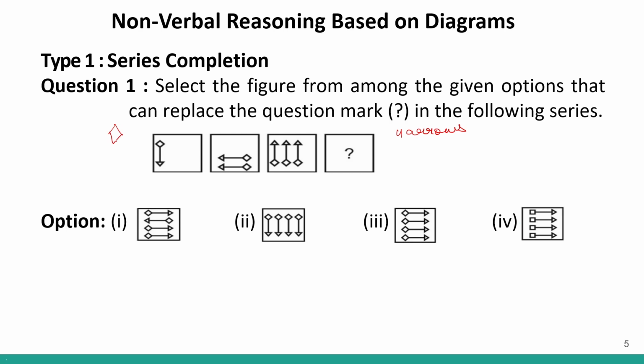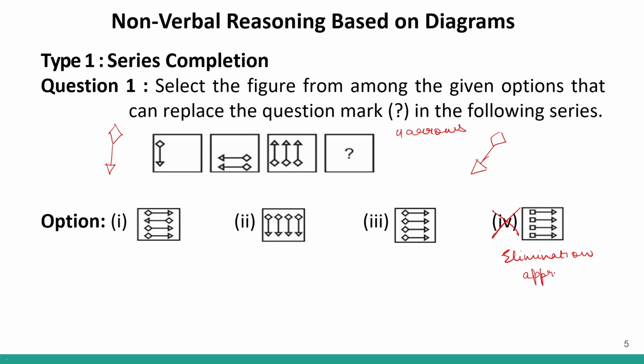We have a diamond and over here we have a triangle. So our arrows will be looking like this, a diamond and a triangle. So a diamond and a triangle is given in option number 2, option number 1, option number 3. So option number 4 is eliminated. This is the elimination approach.